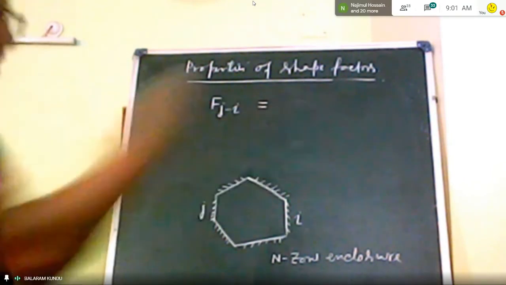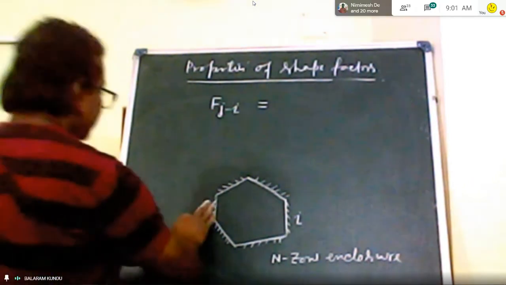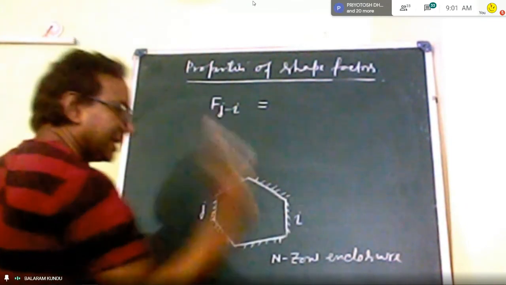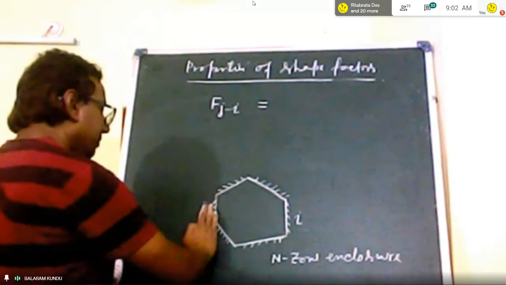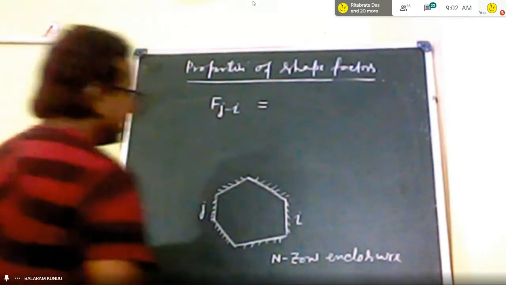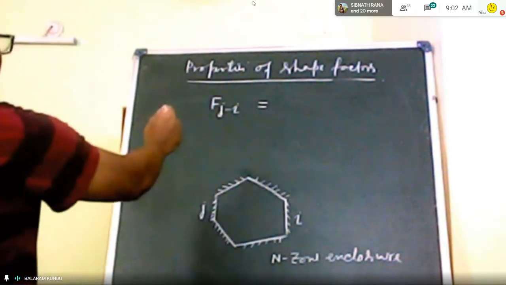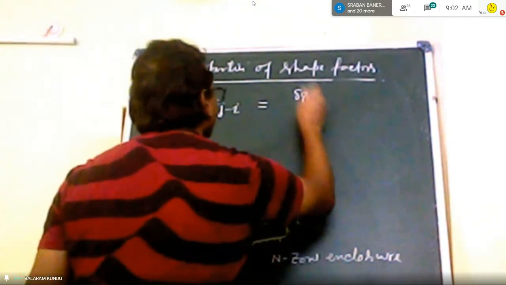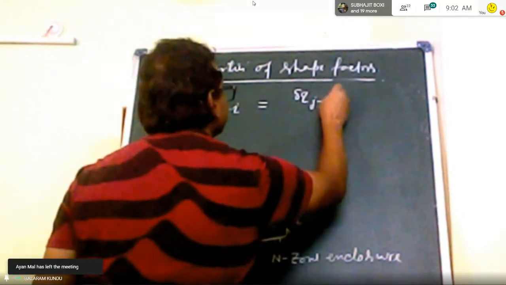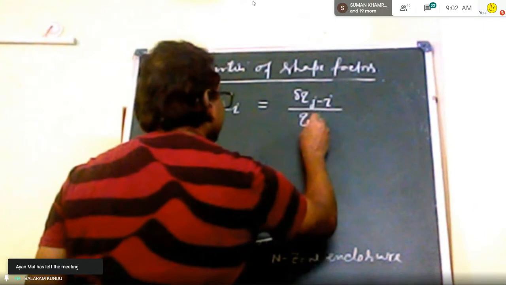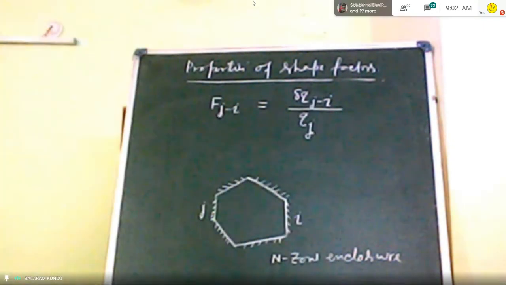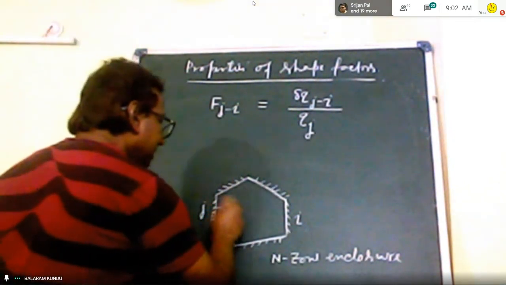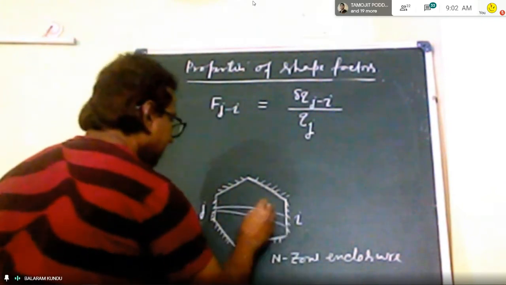So F J to I means what? Energy emitted from the J surface that strikes the surface I, and a fraction should be considered, meaning the fraction of energy emitted from the J surface that strikes the surface I. So that is F J I. So the mathematical expression here is del Q J to I divided by Q J. So del Q J to I means the rate of energy emitted from the J surface that strikes the I surface directly.